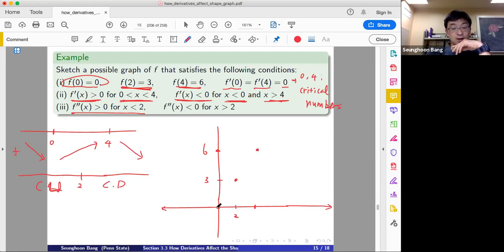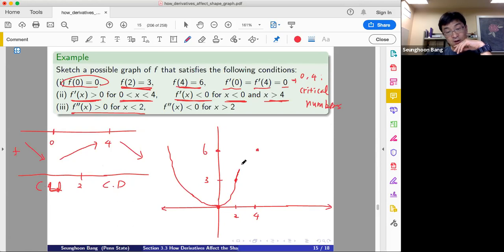The first one, x less than 0: the graph is decreasing and concave up. So like this. From 0 to 2, concave up and increasing. From 2 to 4, the graph is increasing, and the concavity changes to concave down, like an inflection point.